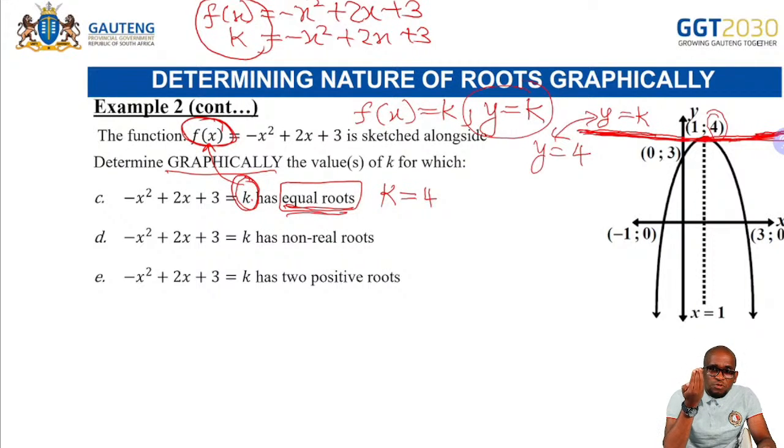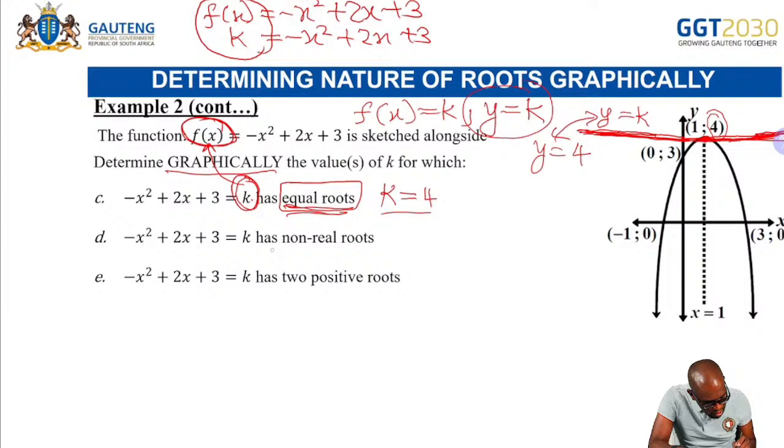So you move that line such that you have equal roots. Now when you do that, you get that the line should be located at the turning point where y equals 4, which means k equals 4.